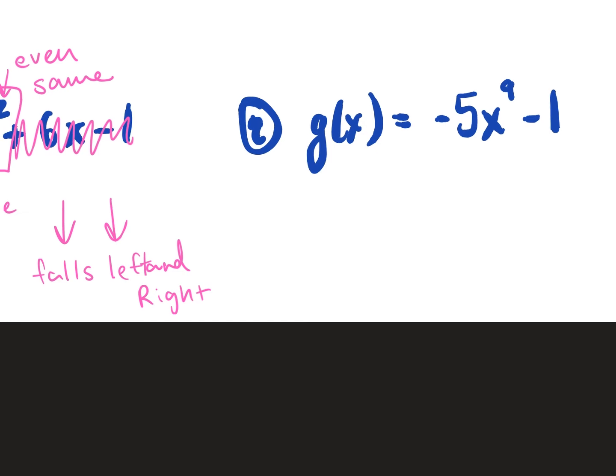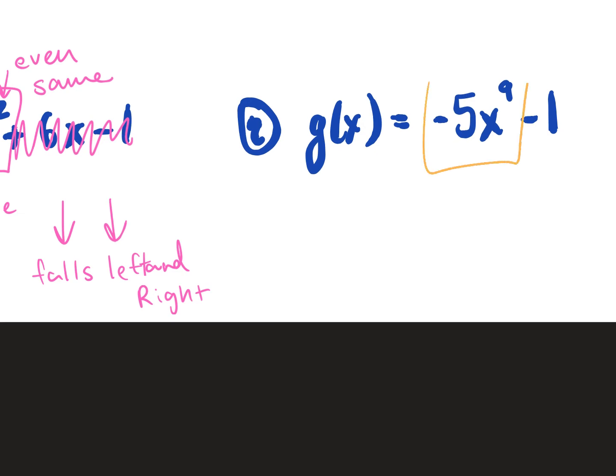Looking at number 2, which term do I need to look at? Negative 5x to the 9th power. Is my degree even or odd? It's odd. So do they go in the same direction or opposite? Opposite directions. And is my leading coefficient positive or negative? Negative. So what's my right arrow going to do?